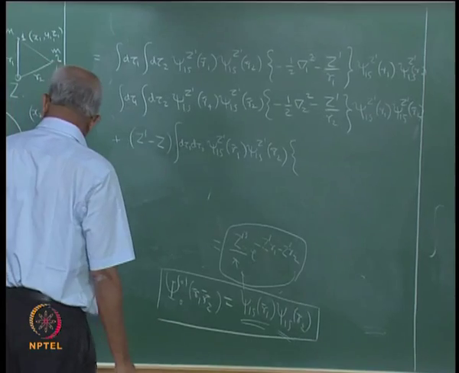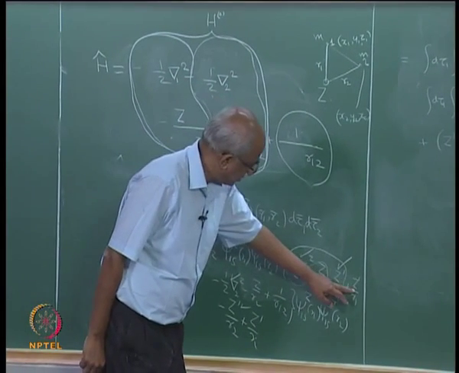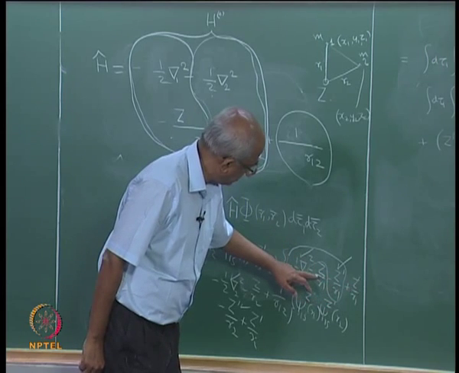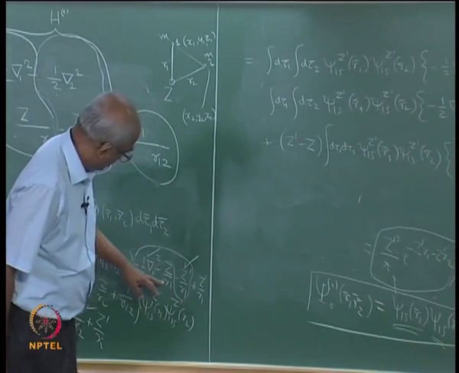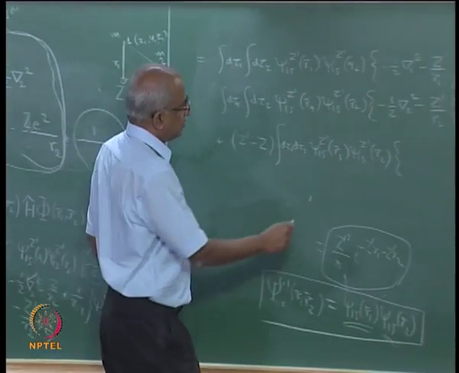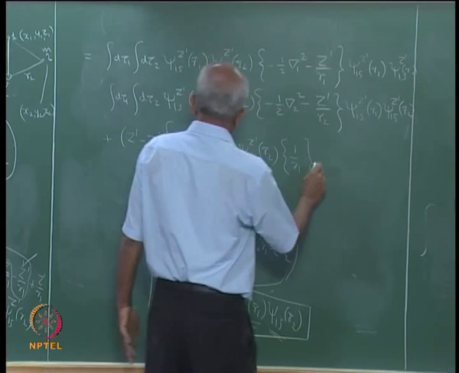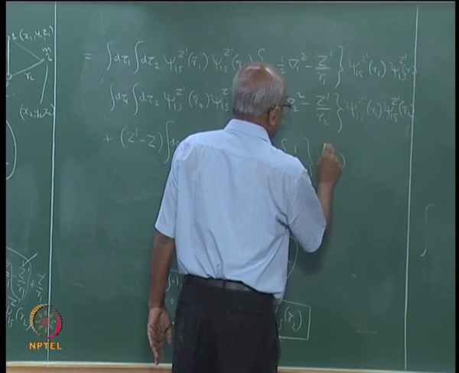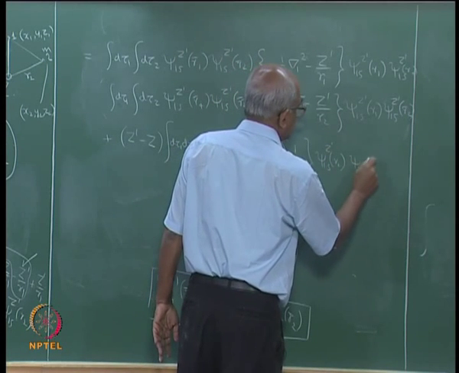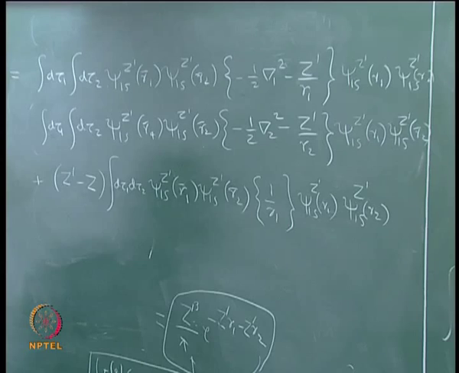What do I have here? You look at this expression, you have Z prime with a positive sign and Z with a negative sign, that is why I had Z prime minus Z, but both of them have a 1 by r1, so therefore I should put that 1 by r1, and psi 1s r1 Z prime psi 1s r2 Z prime. Correct. This is from electron 1.